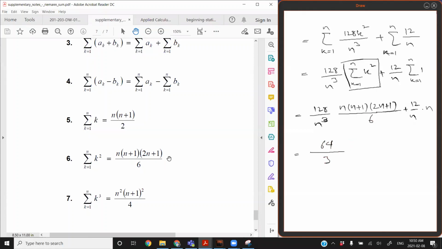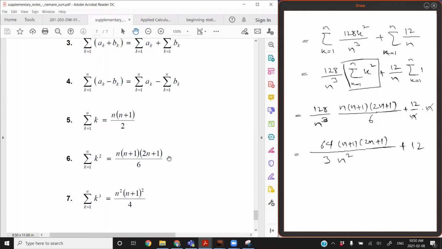I'm just simplifying this. n to the power of 2, n plus 1 times 2n plus 1. So this n and one of the n's here cancel out. And then 128 divided by 2 is 64. 6 divided by 2 is 3. And the last one is just n cancels, and I get 12. You good?